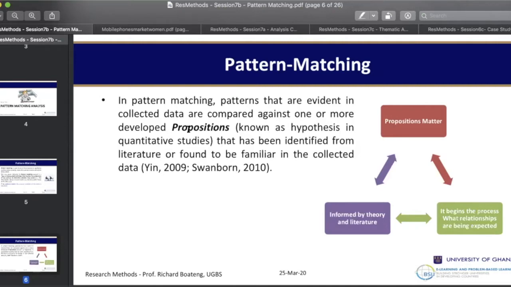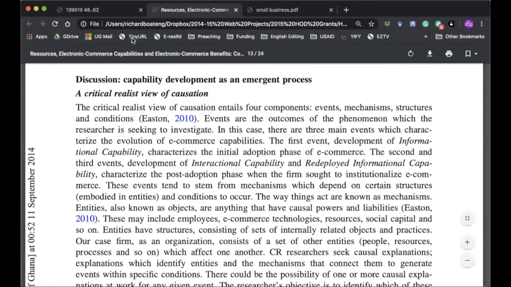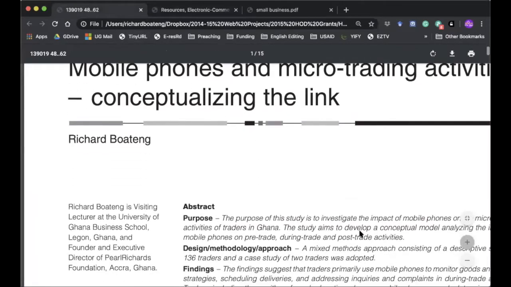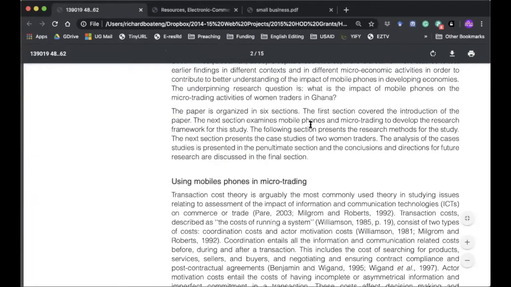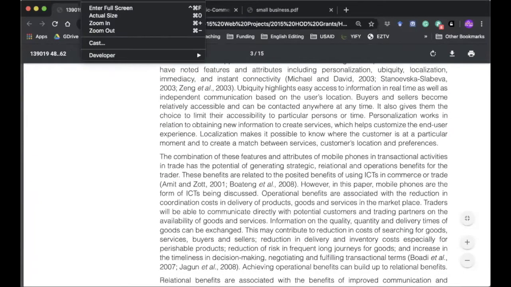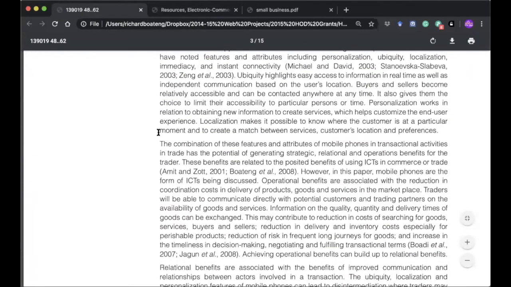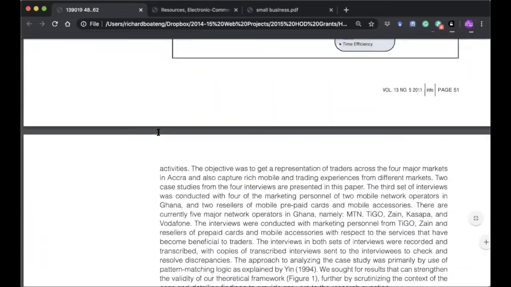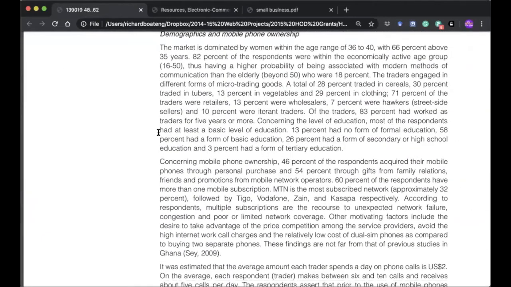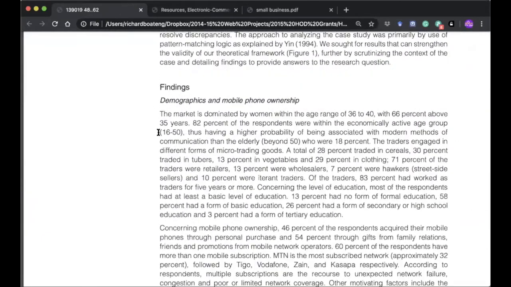So let me go to our examples that we have been looking at for some time now. Remember, we're looking at this particular paper, mobiles and microtwin. Now everybody has a copy of this paper and, as of now, understands it very well. So we're in the analysis section of the paper.